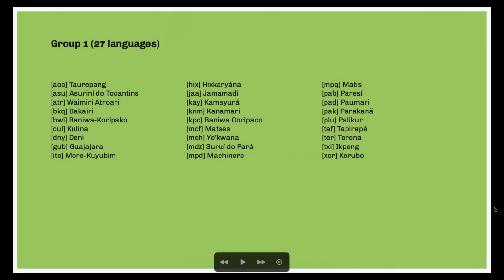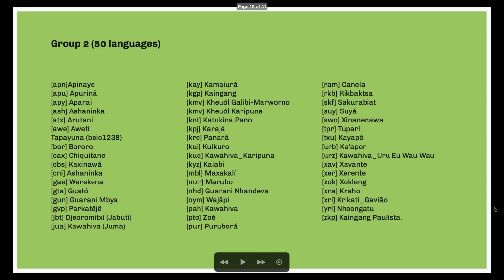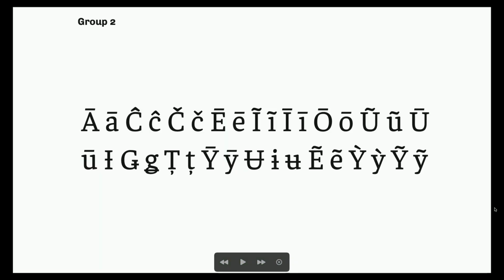So this is the mapping I made for group 1. That is basic Latin, very straightforward. The second group is the largest, and we ended up with this character set. These are only the occurrences of diacritics in these languages.